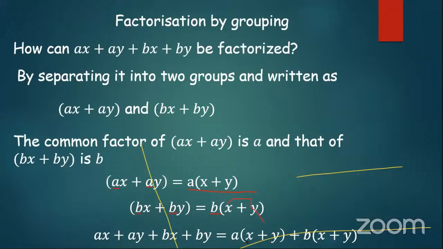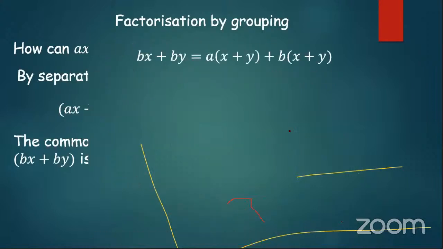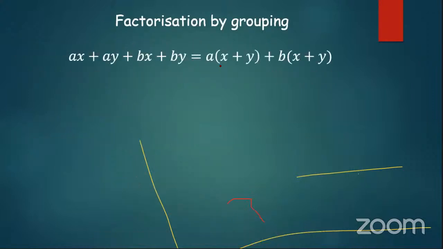So we also see that X plus Y here is common, so it is also going to be pulled outside. When we pull it outside, it is a common factor as well because it is appearing twice.